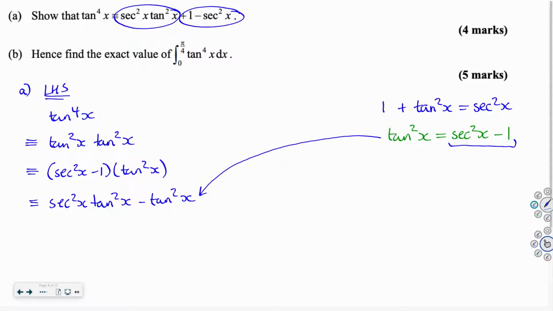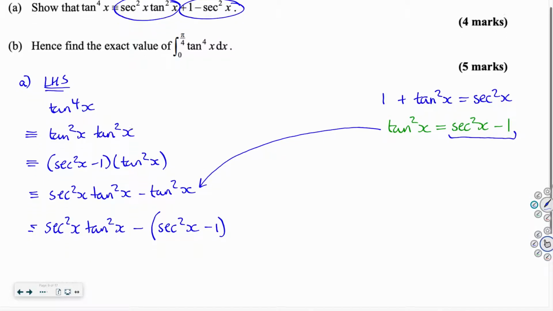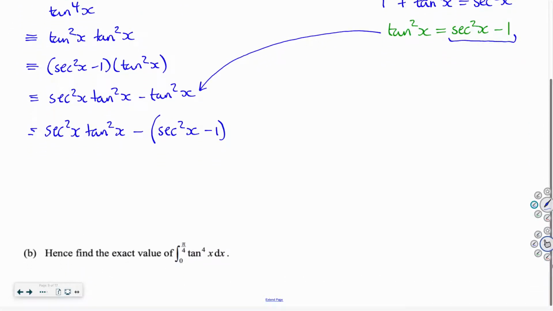That's then identical to sec squared x tan squared x minus all of sec squared x minus 1. Then when we distribute the negative, we get sec squared x tan squared x plus 1 minus sec squared x, and that is the right-hand side.